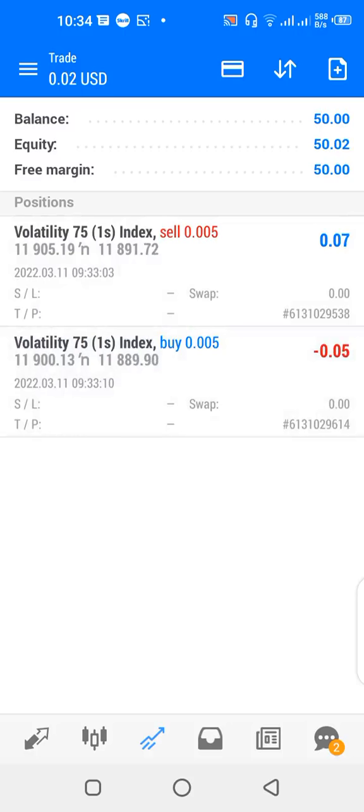The original lot size of your V75 1S running trade is 0.005, right? Times 3, that will be 0.015.